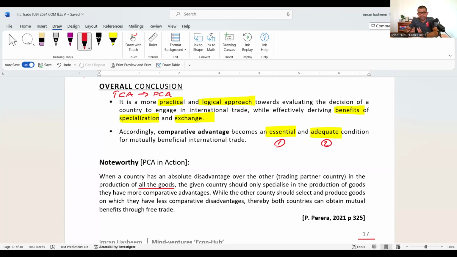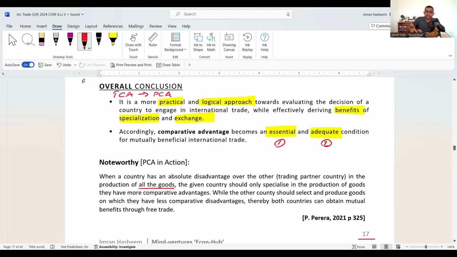Out of those 10, there might be certain goods, say 5 or 6 items, on which you have a lower opportunity cost of producing compared with the other country. Then only produce those 6 and do not produce the other 4, even though you have an absolute advantage.